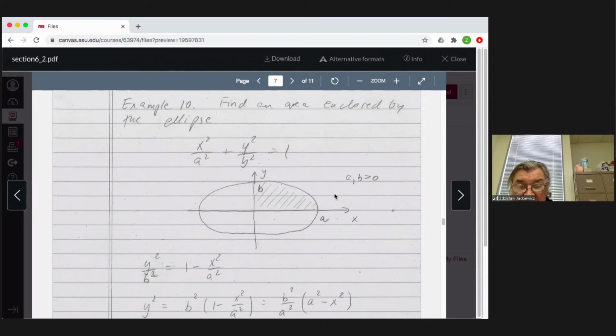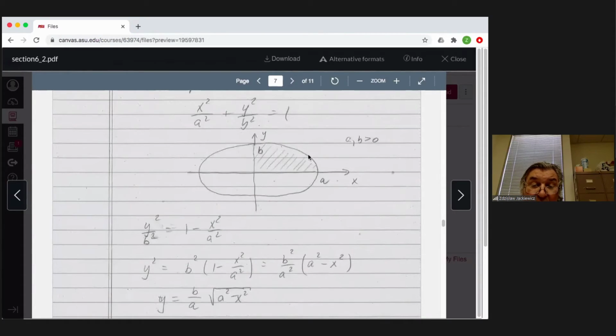To compute this area, we compute the area of the first quadrant and multiply by 4. Of course, all four areas are the same. So that's our approach: we will compute the area of the ellipse in the first quadrant and multiply the answer by 4.